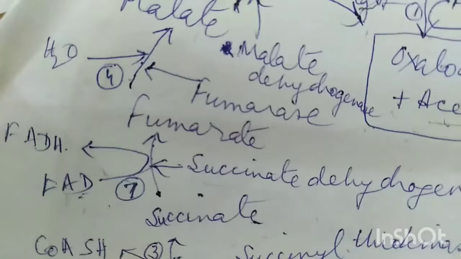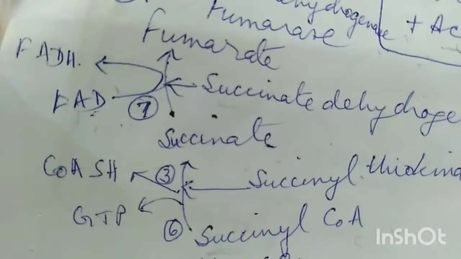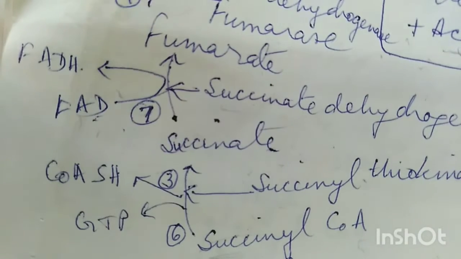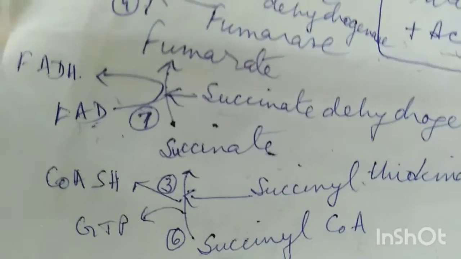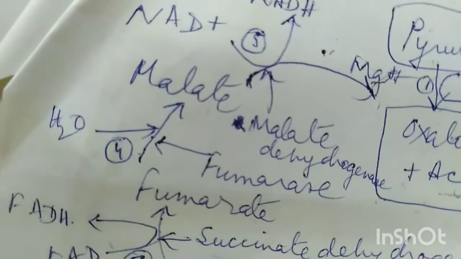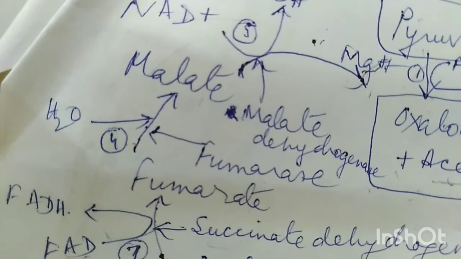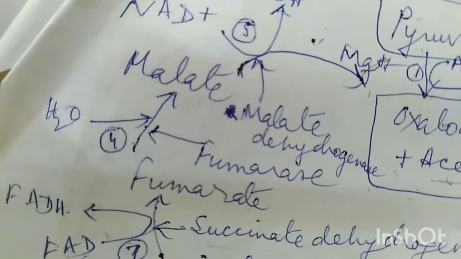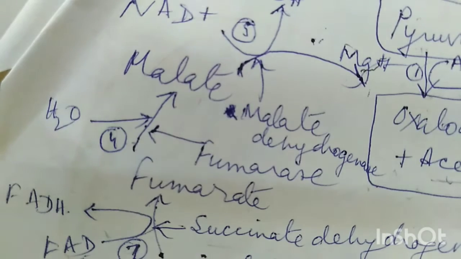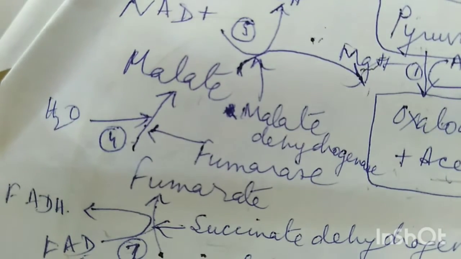Okay. Now succinate is acted upon by succinate dehydrogenase, and FAD gives FADH2 to give fumarate. Fumarate is acted upon by enzyme fumarase, and H2O is added. Now it gives malate.